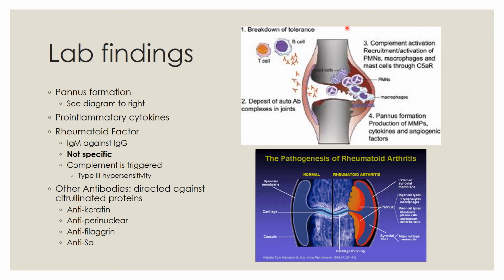However, there are some other antibodies that we can look for. These are citrulline antibodies. Remember we talked about the other two antibodies that we just talked about. There are some more citrulline antibodies that we can talk about, and that's anti-keratin, anti-perinuclear, antifilaggrin, and anti-SA.